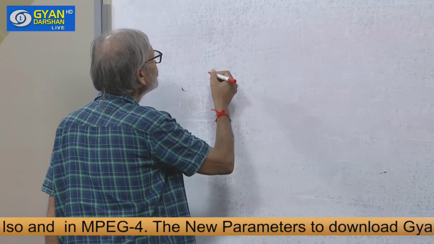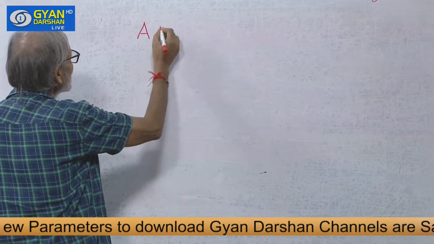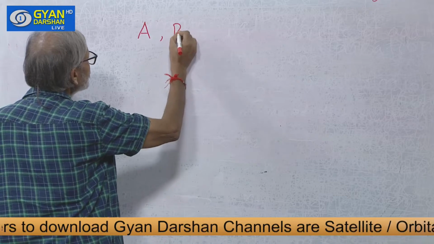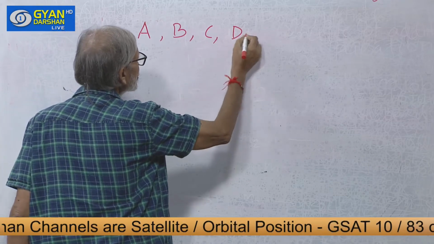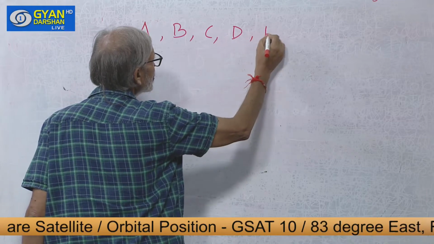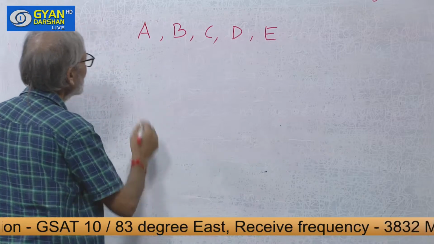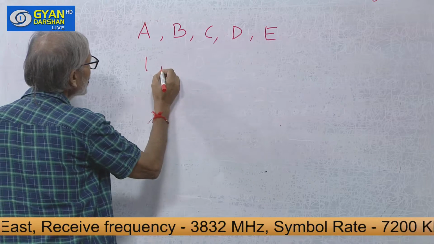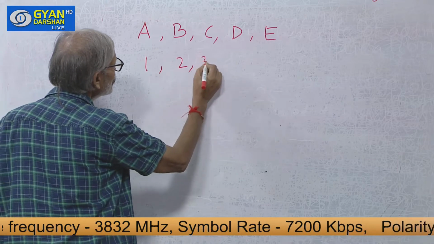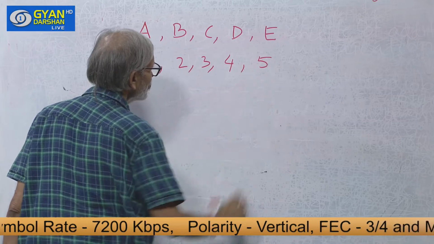Suppose 5 letters are there, A, B, C, D and E, and again 5 numerals are also there, 1, 2, 3, 4, 5.